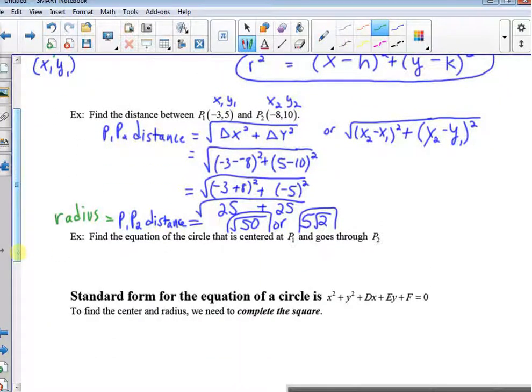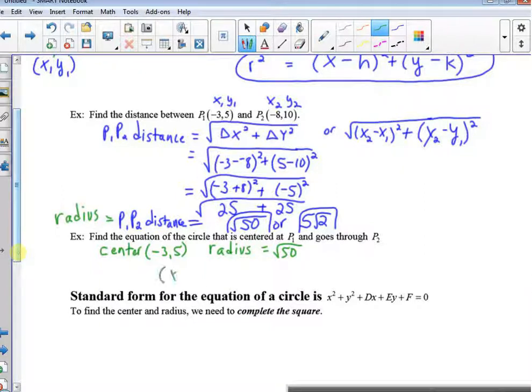Okay, so now find the equation of the circle that is centered at P1. So the center is P1, which was -3, 5, and goes through P2. So we know that we have the radius, which was equal to the square root of 50 or 5 radical 2. So now I just need to put it into center radius form.